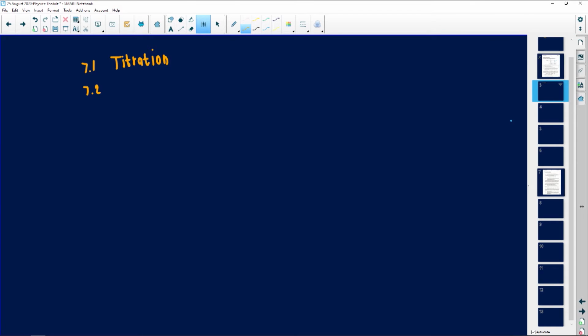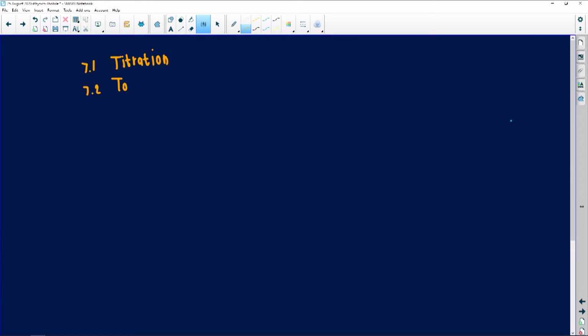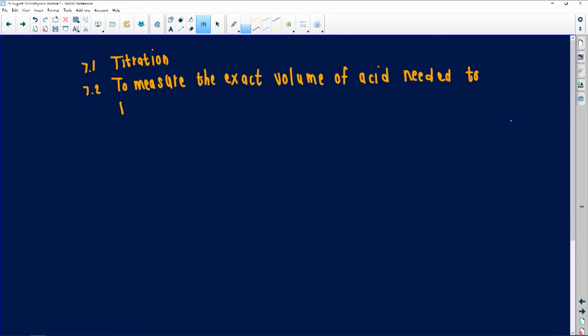So the reason for a burette, it is to measure the exact volume of acid needed to reach endpoint.